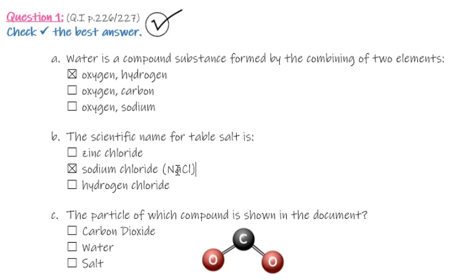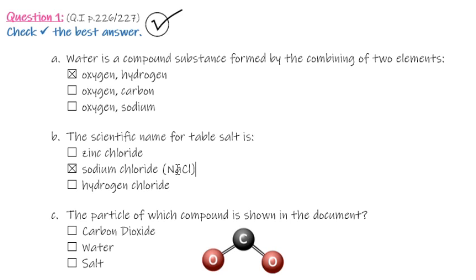Right. Part C. The particle of which compound is shown in the document? Is it the carbon dioxide, water, or salt? As you can see, this compound has one C atom, C for carbon, good job, and O for oxygen.